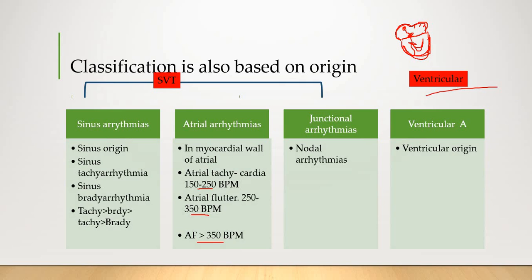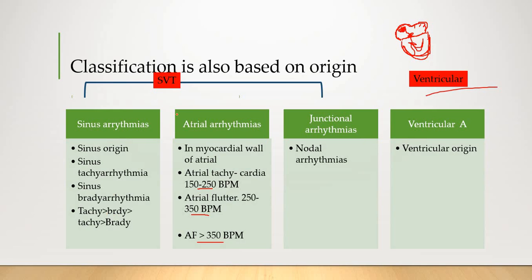So what is important? The sinus, the SA node, is important, and arrhythmias of sinus origin are called sinus arrhythmias. In sinus tachyarrhythmia, the heart rate is increased, and there may be sinus bradyarrhythmia as well.